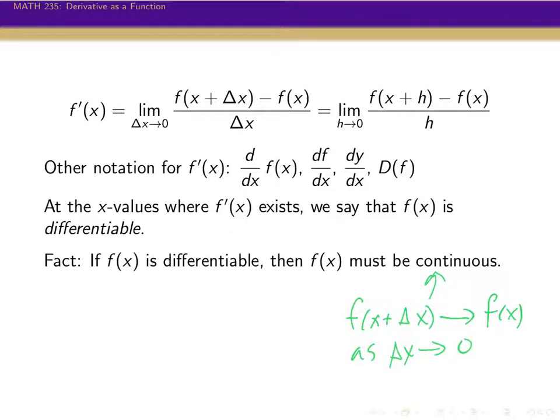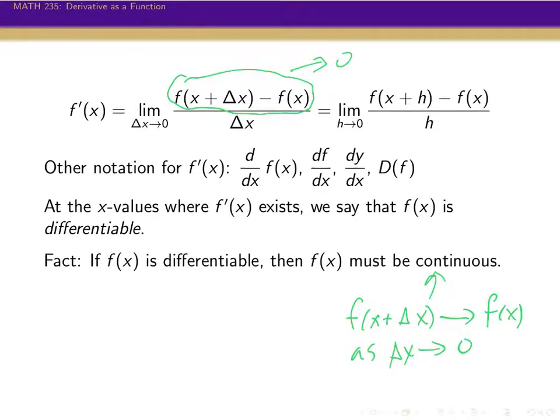That has to happen in the definition of the derivative, because as delta x goes to 0, this numerator has to go to 0 as well, to cancel off the delta x going to 0 in the bottom.